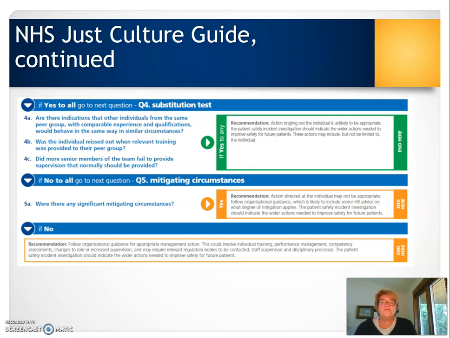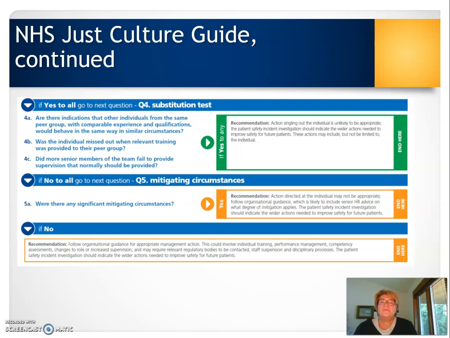And then were there any mitigating circumstances? Sometimes you'll have something that is just highly unusual. And actually, if you look at COVID-19, we probably didn't follow a lot of policies right off the bat, and a lot of policies were changed even by the government, because COVID-19 was a mitigating circumstance.